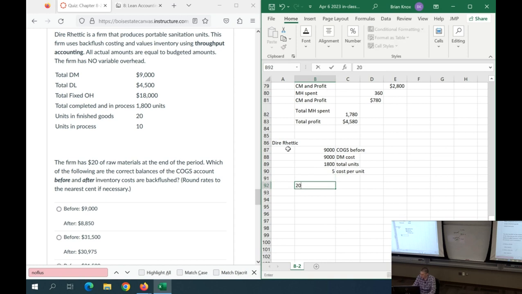We have 20 finished goods, 10 in process. $5 rate times 20 is our debit to finished goods for the 20 finished goods units. Copy that down. This is the IP portion of the debit to RIP: $5 per unit times the 10 units in process.